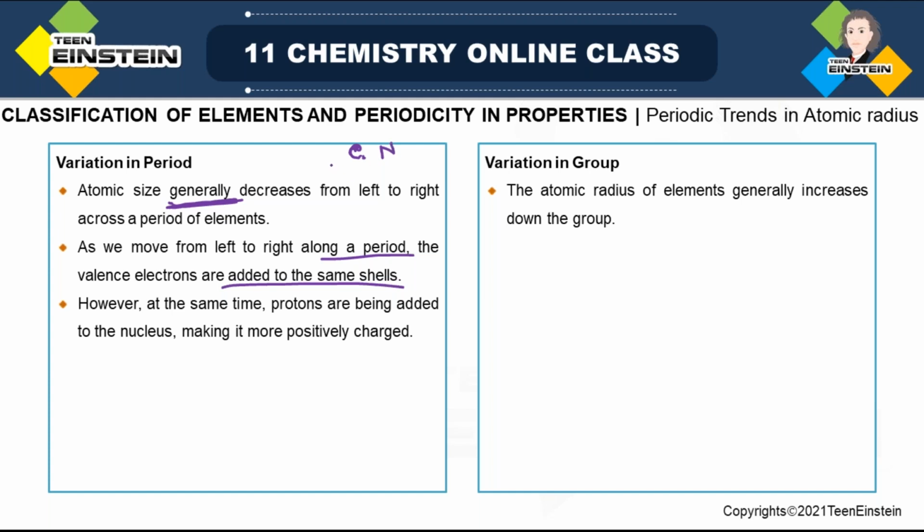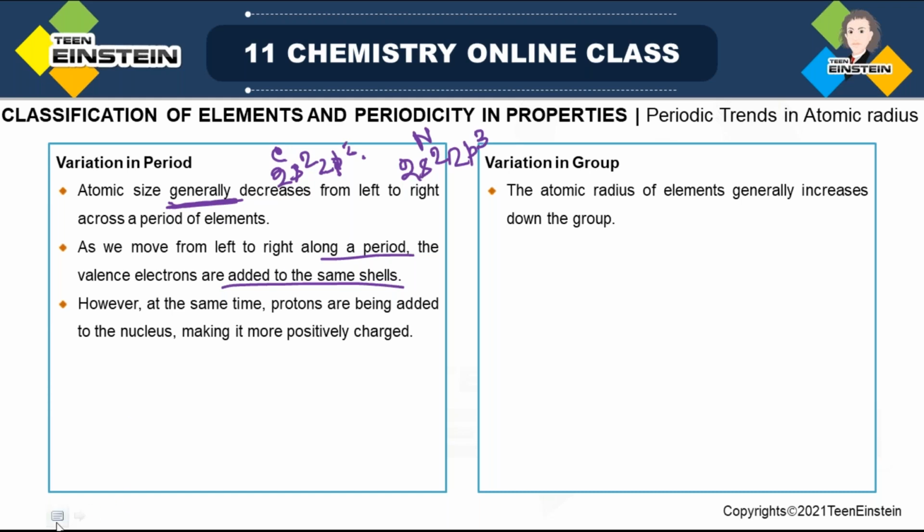Carbon has outer shell electronic configuration 2s2 2p2, and for nitrogen one more electron is added, so now it is 2s2 2p3.